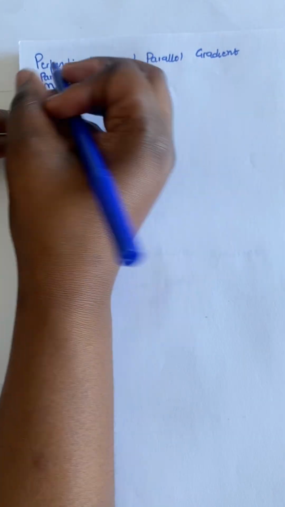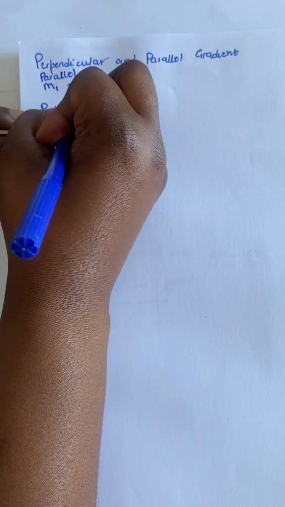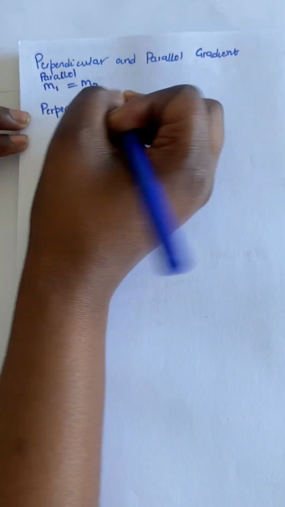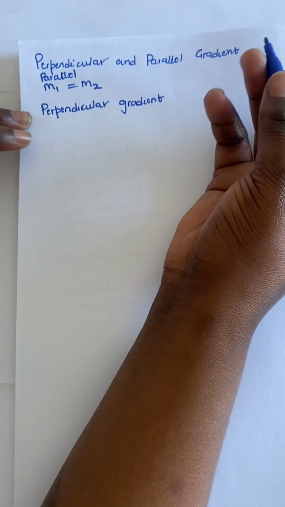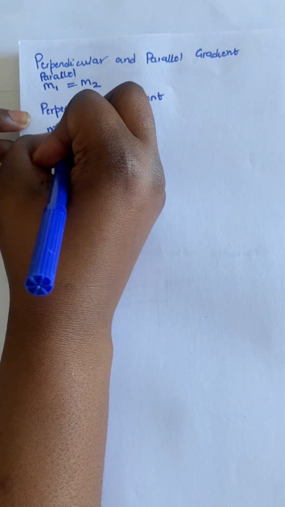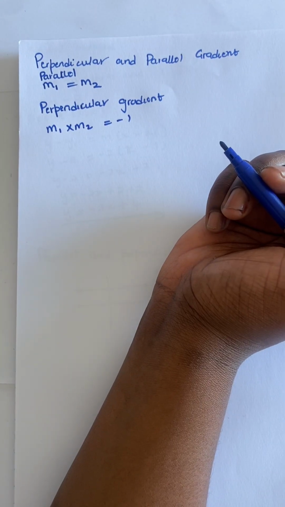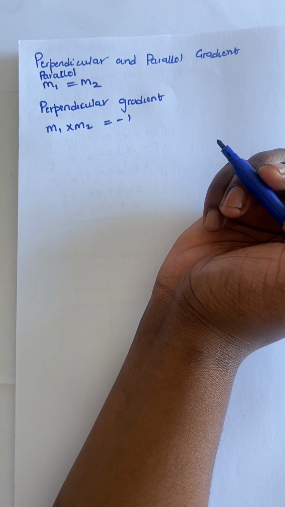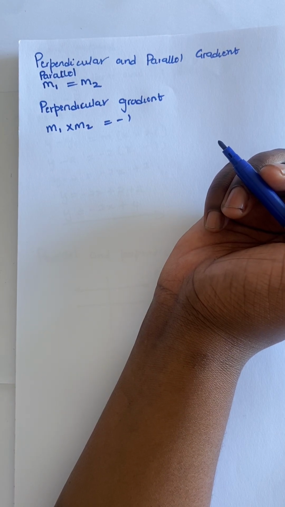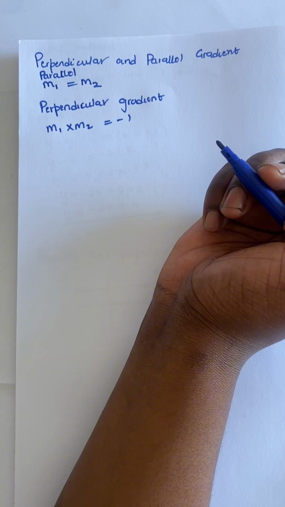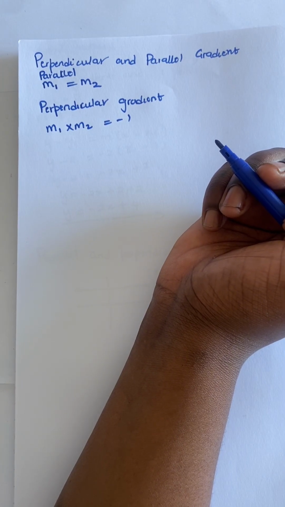And for perpendicular gradient, m1 times m2 is equal to negative 1. They can also ask you to find an equation of the graph if the graph has a parallel gradient or a perpendicular gradient. This is what they will mean.